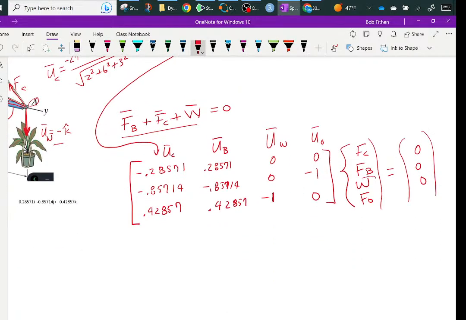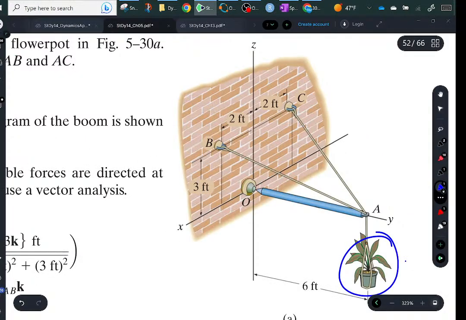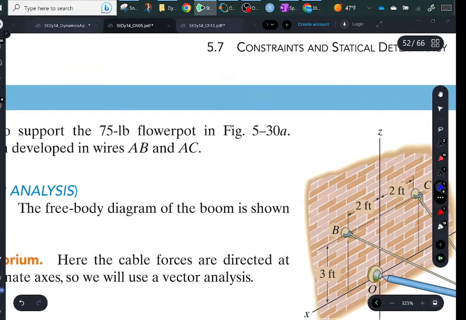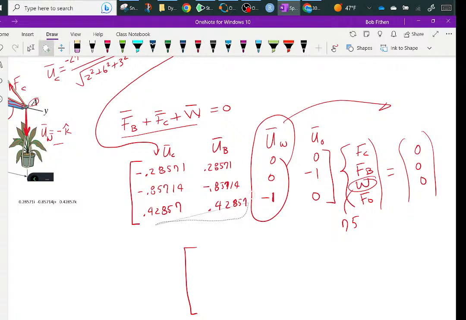So what I'll do is I recognize that weight is an actual value, which is 75. It's going to multiply times this, and I'll move it to the other side, and I'll get a matrix which looks like this. Let me copy this and put it right there.